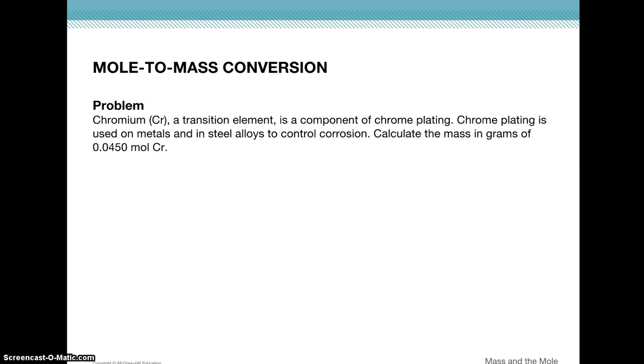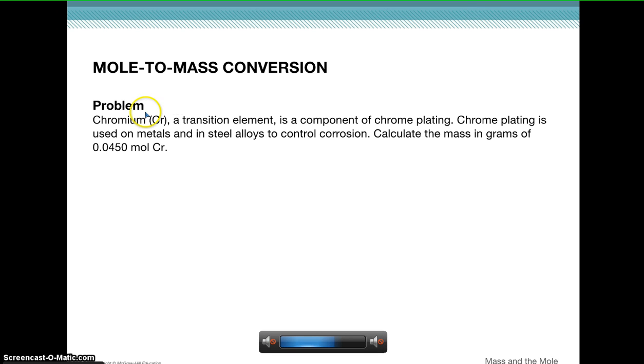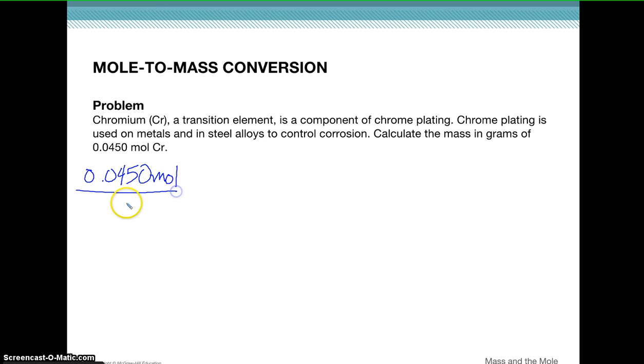Like we've done with all of our other conversion problems, we start with what we're given, which is 0.0450 moles of chromium over 1.